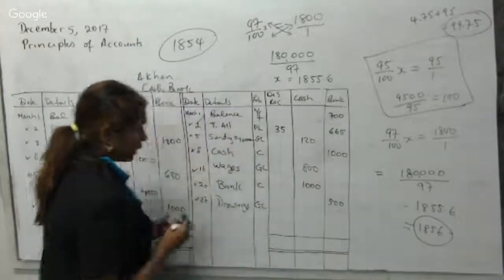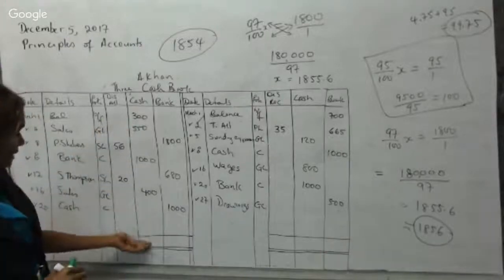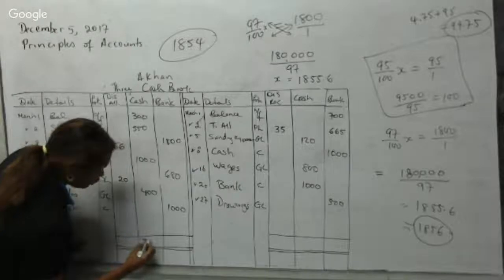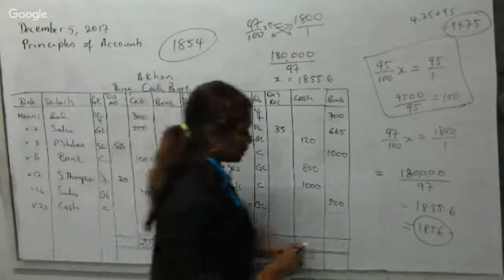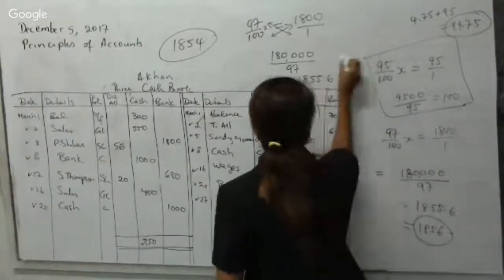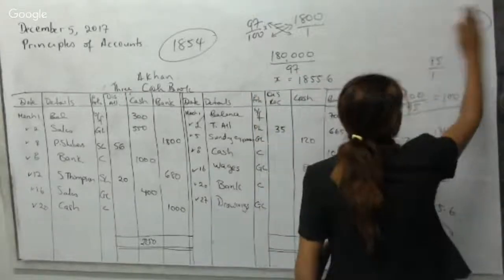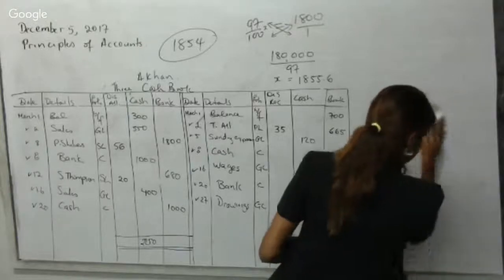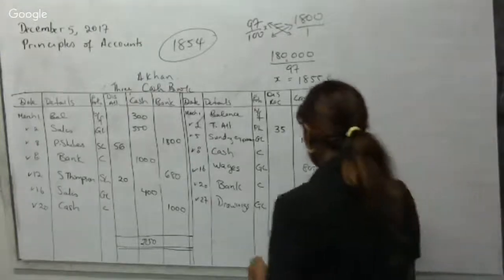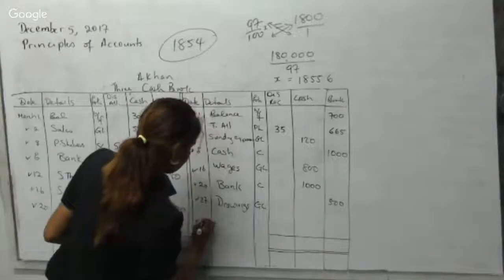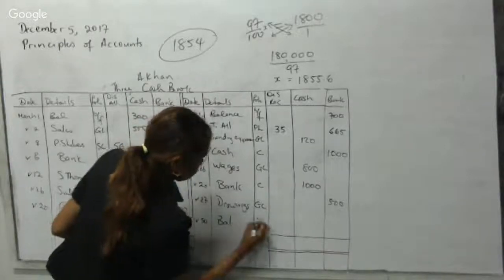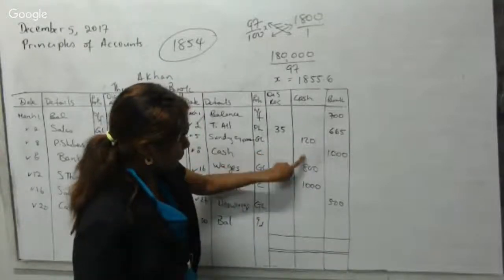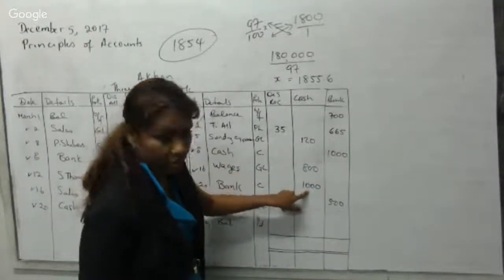Alright, so let's add up the cash debit side. 2,250. And when we compare that to the credit side, we're adding up this 120, this 800, and this 1,000.